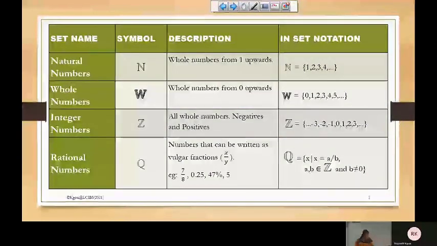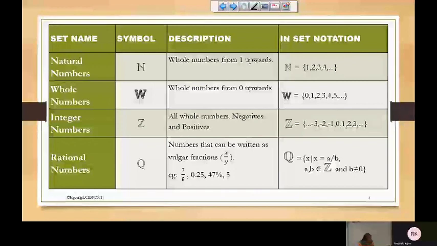So in other words, any number that can be written in the format of X over Y or A over B, such that A is an integer and B is an integer as well, any integer apart from 0, that's what we refer to as rational numbers. And set notation is defined there.